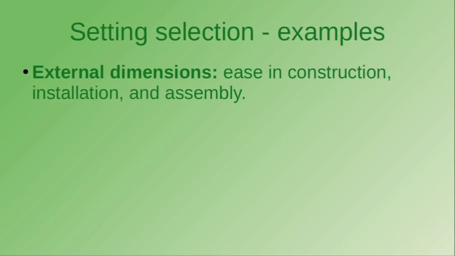External dimensions could be defined for reasons of ease in construction, installation, and assembly, as they facilitate alignment with flanges between adjacent sections and the attachment of structural supports.